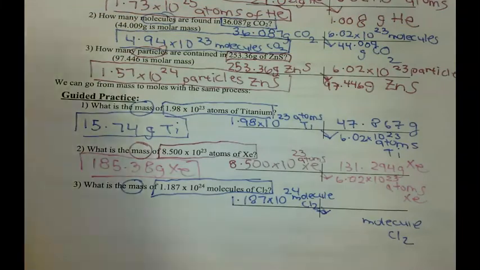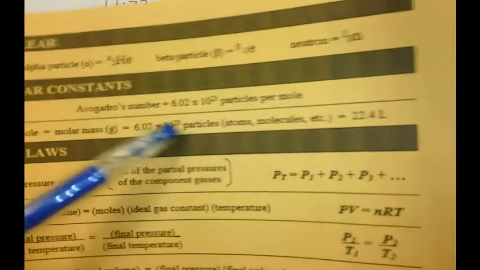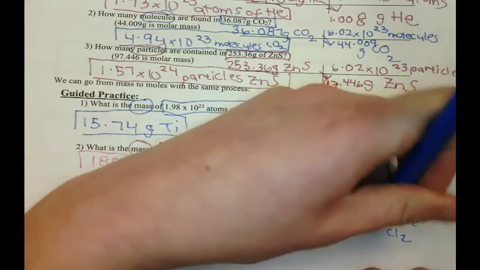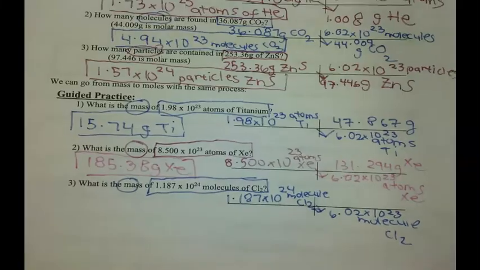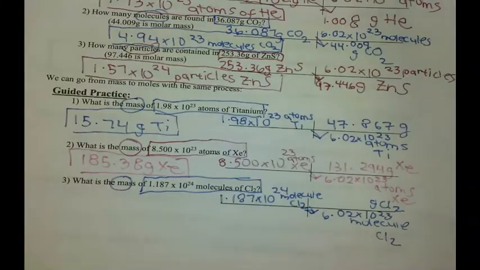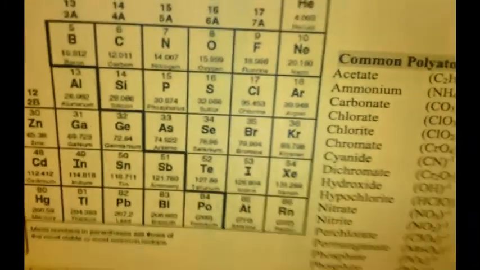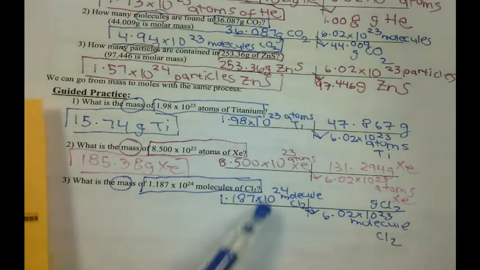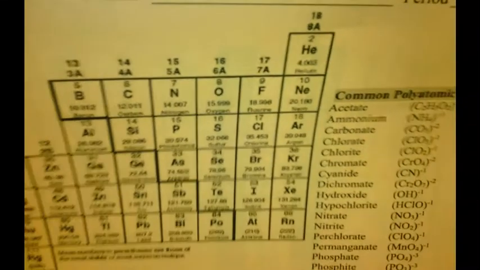So whether it says atoms, molecules, formula units, particles, that's what we're wanting you to think about. 6.02 times 10 to the 23rd. And I'm solving for, the number on top is the mass of Cl2. So grams Cl2. For that, I want to use my periodic table to get the molar mass. Okay, so importantly, I've got Cl2 here. That means I need to take this number for the Cl, and there's 2 of them.